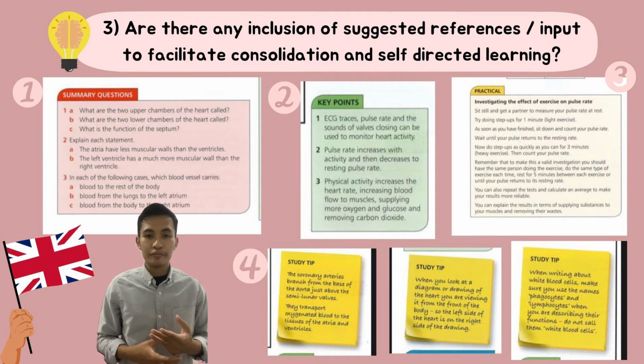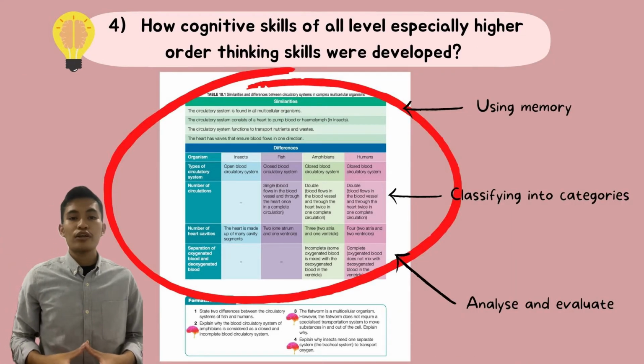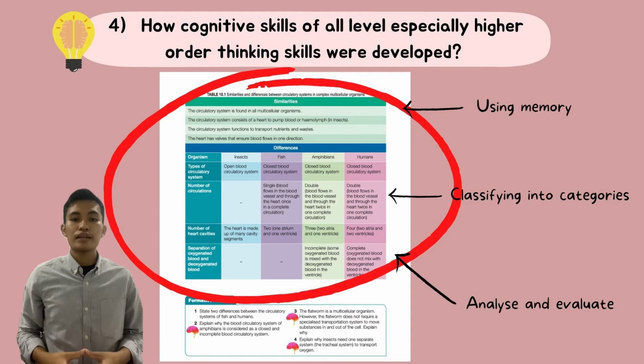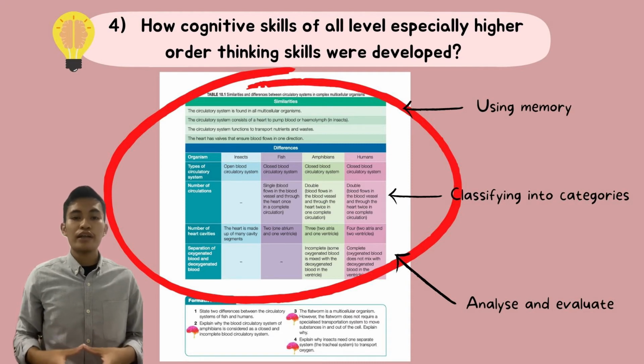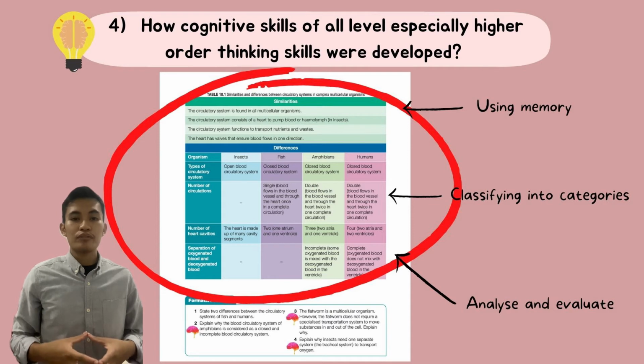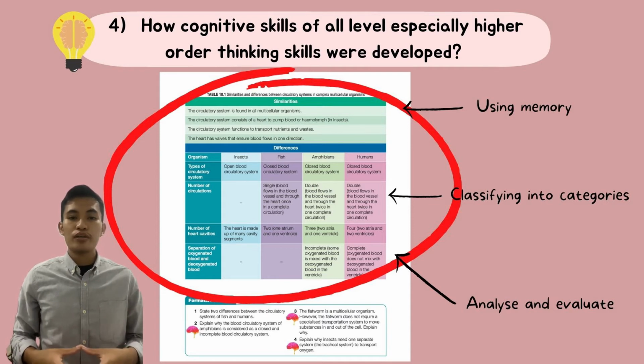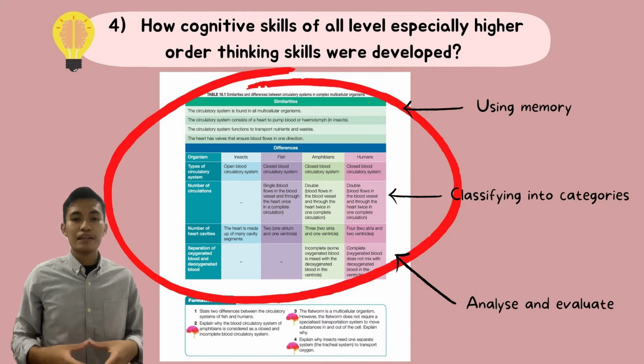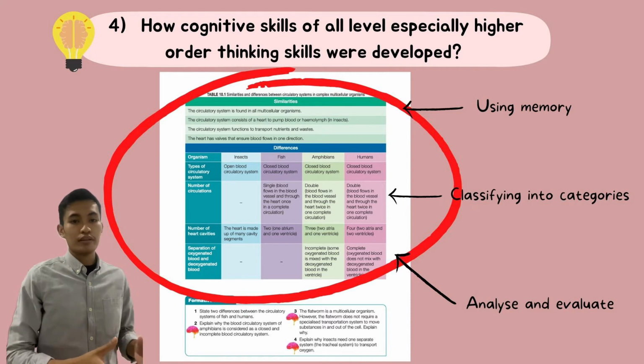The fourth question of key concept is how cognitive skills of all levels, especially higher order thinking skills, are developed. How can these skills be developed through the content? The answer is in the textbook of Biology Form 4, in the topic of circulatory system in organisms, which encourages students to differentiate precisely between humans and animals.